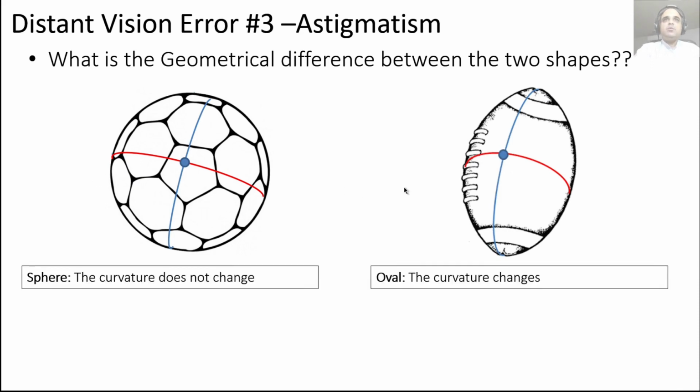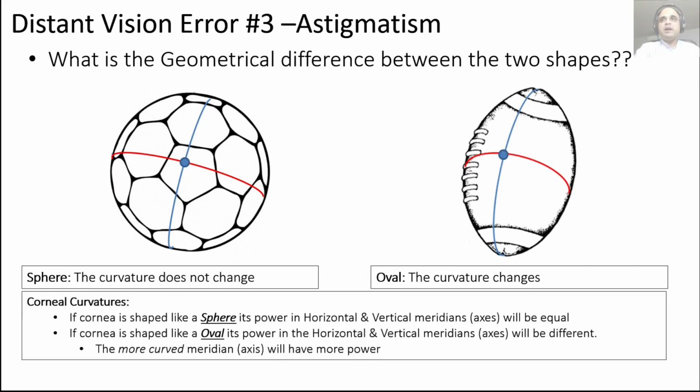But in ovals, the curvature would change depending upon which of the two meridians is more curved, or which of the two axes is more curved. Now your cornea can also be like a sphere or like an oval. If your cornea is like a sphere, its power in the horizontal and vertical meridians will be equal.